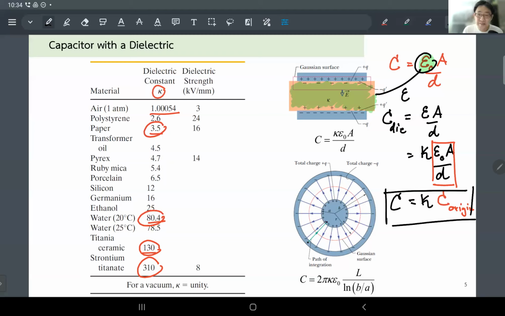All you have to do is just multiply by the dielectric constant and you're done. So the formula that you've seen before, you just have the kappa factor in front of the epsilon naught. This is the one that I'm going to put in the final exam. Whatever formula you got, you just put the kappa on it. That's it, guys. So that is so good.